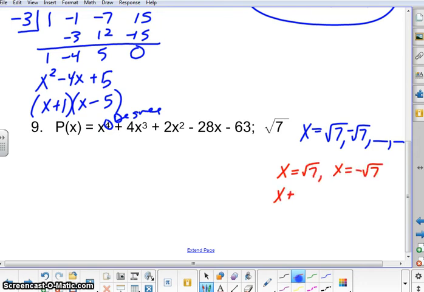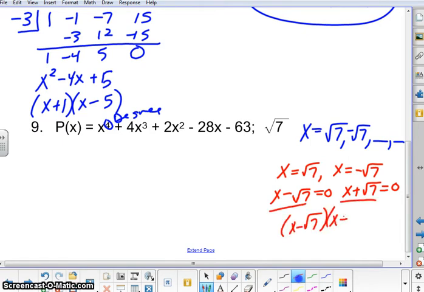So x plus radical 7 equals 0, and x plus radical 7 equals 0. So you can already see I made a mistake on that first one. When I subtracted, I should have got x minus radical 7. And now that these are factors, I can multiply them together. Okay, and what do I get here?